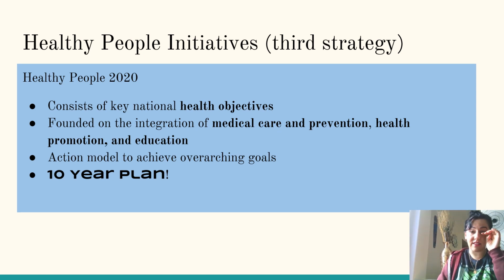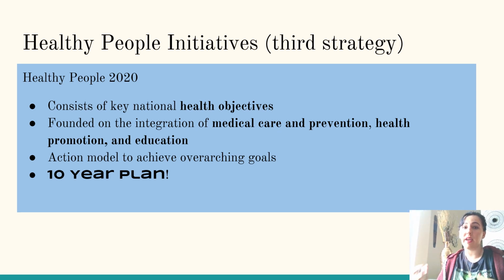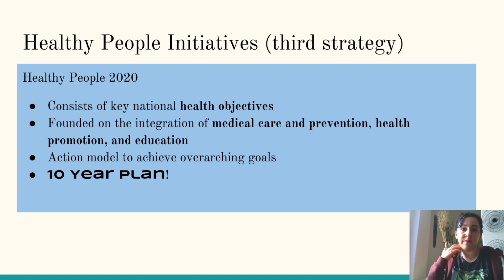How this happens is they take surveys and keep track of the health of the nation, and they do a very comprehensive survey. They figure out exactly what's wrong with us, what our health issues are, and if there have been any improvements in the last decade, they include that in this initiative.